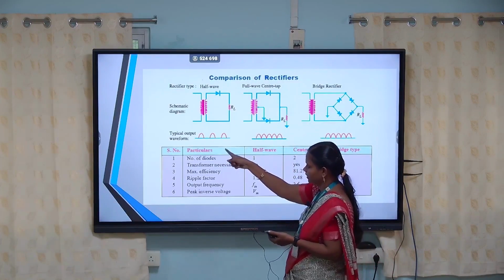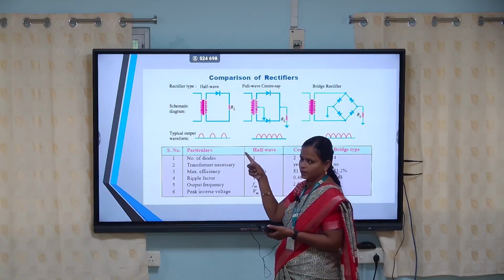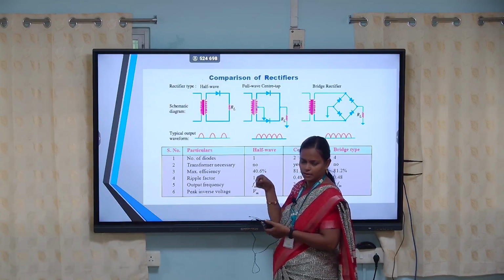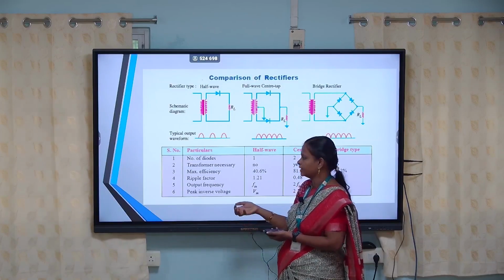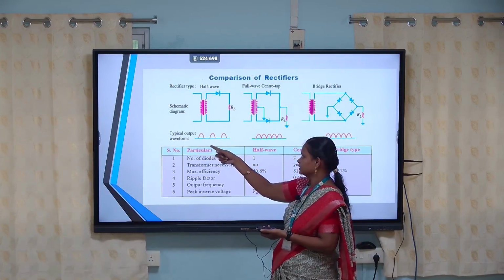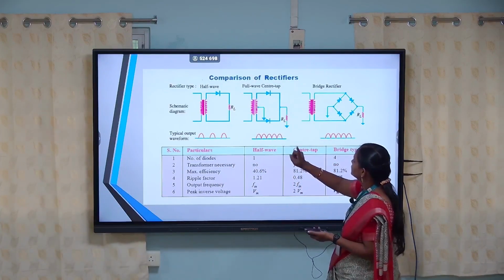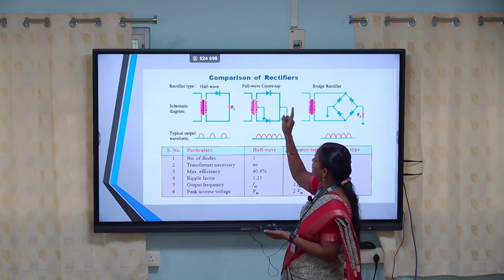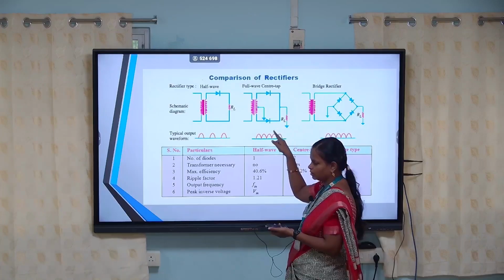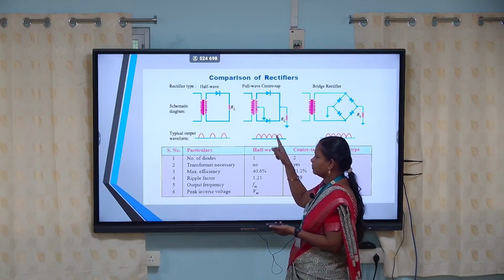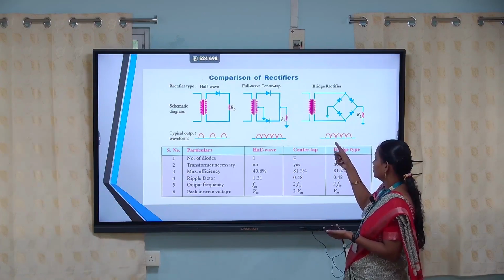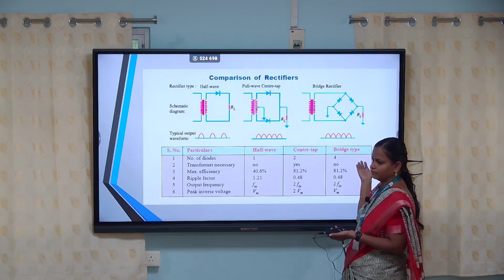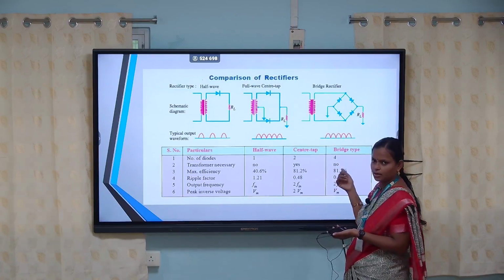In the half wave rectifier, only one half cycle conducts the current, so only one diode is in the process of conducting, and the output will be like this. For the full wave center tap and bridge rectifiers, in the case of the center tap circuit, 2 diodes will conduct the current, but in the case of the bridge type rectifier, all 4 diodes are involved in the conduction of current during the positive as well as the negative half cycle.